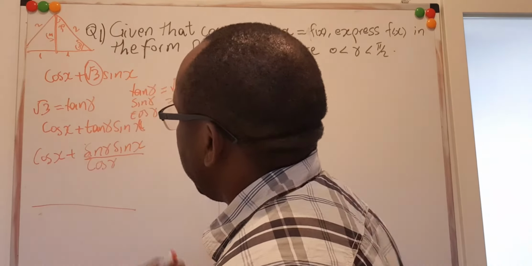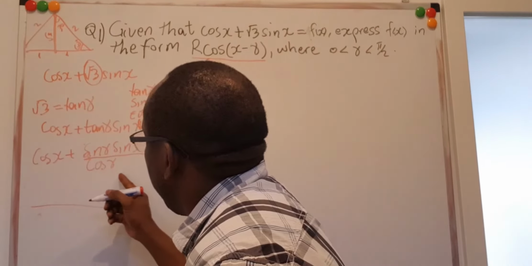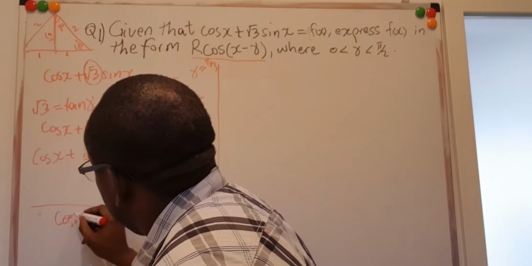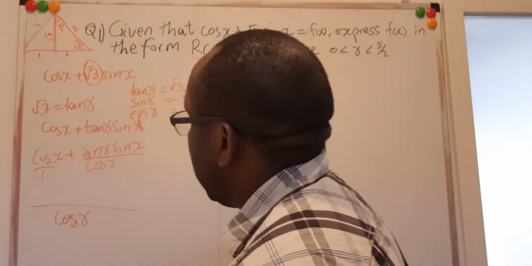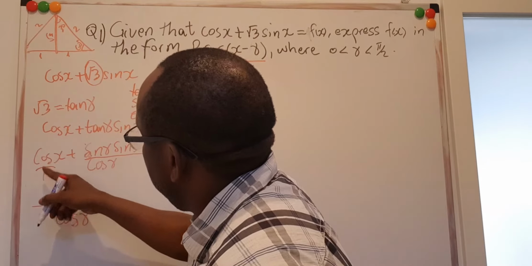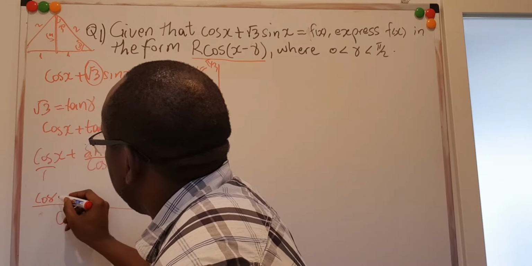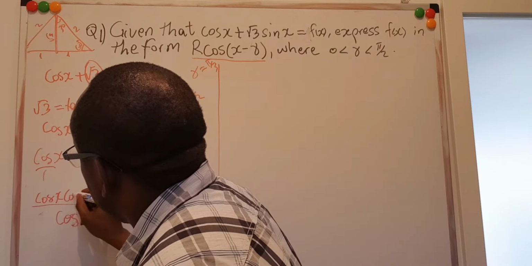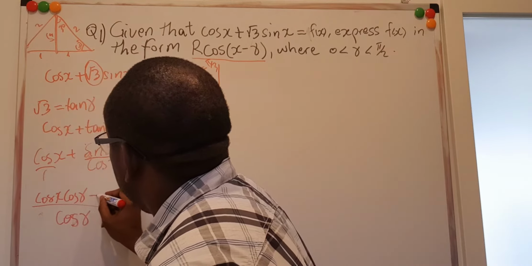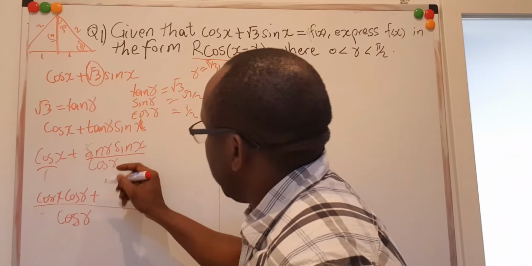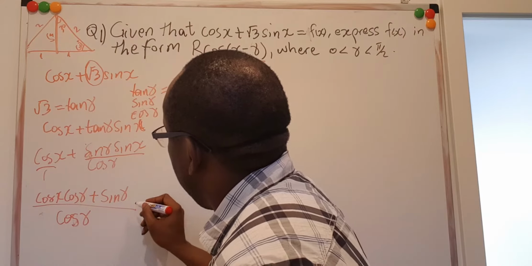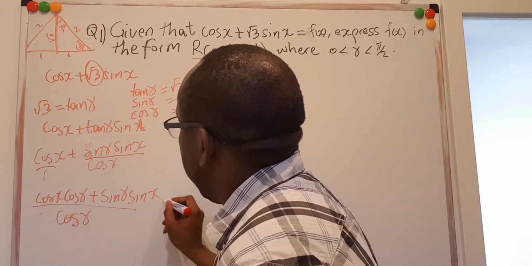I can combine these two together. The lowest common multiple is cos gamma, because you can write this on 1. So this divided by this is cos gamma, and that gives me cos x cos gamma plus sine gamma sine x, over cos gamma.